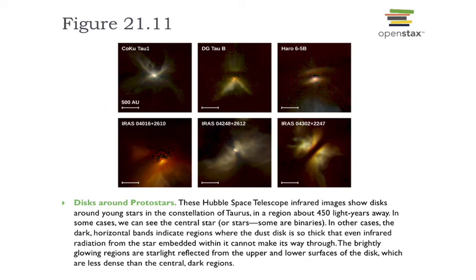And here are some more images of these protostars. So looking at these nebulas right before these stars form. And in some of these, you could see that it's completely dark in the center. And so those central regions, there's so much dust and debris there that even looking at it in infrared, we could not actually see through it.